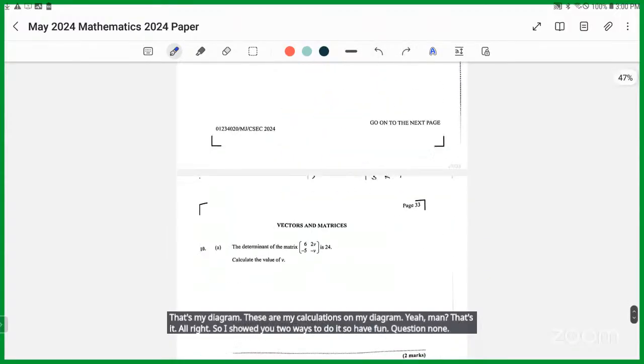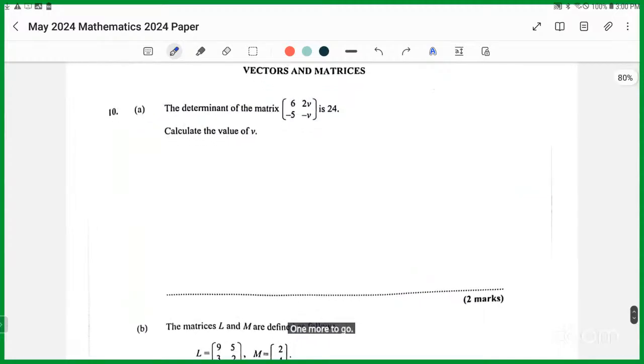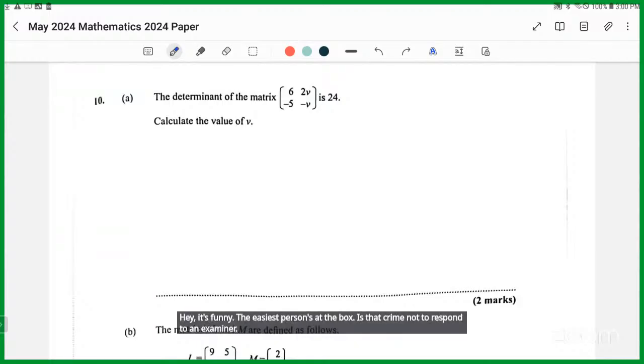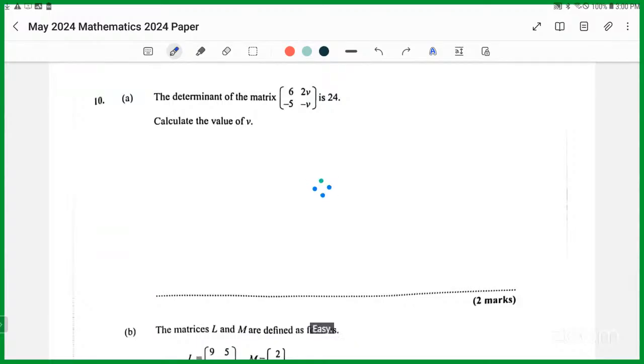One more to go. Easiest one of the day. It's funny, the easiest question is at the back. It's a crime not to reach question 10 in the exam, because question 10 is always so easy. That is why you have to practice managing the time. Give each question a certain amount of time. Make sure you reach question 10.